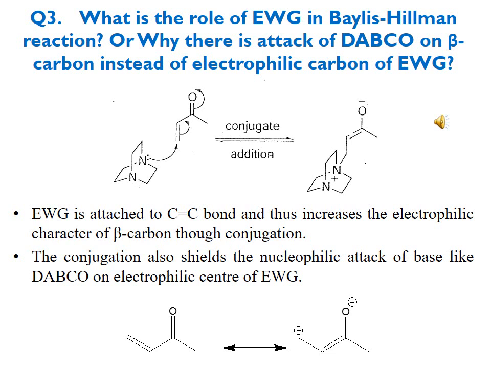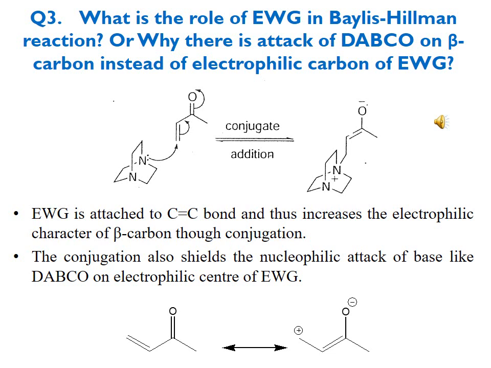First point, electron withdrawing group is attached to the carbon double bond and thus increases the electrophilic character of beta carbon through conjugation. And second point, here you can see the conjugation shown at the end of the slide, where after conjugation the beta carbon is getting the full positive charge, and that is more electrophilic character.